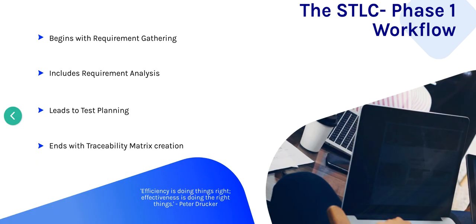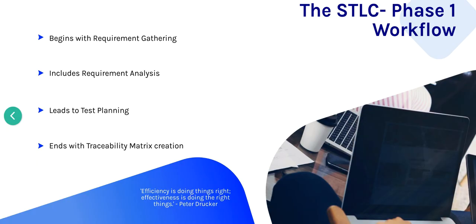It all begins with requirement gathering, where documents like the SRS, business requirements, or user stories are collected and reviewed. Next, we move to requirement analysis, where the testing team examines the requirements to understand what is testable and identifies any gaps or ambiguities.